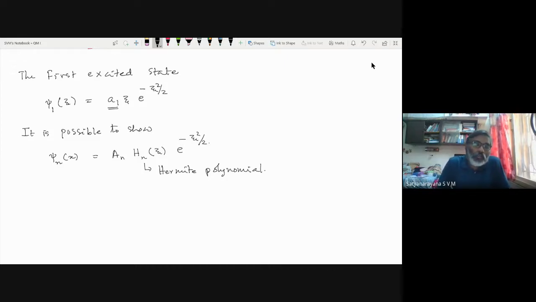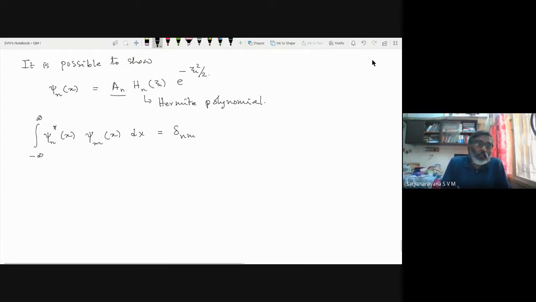So here we are going to define this inner product with respect to a weight function, e to the minus xi square, so that the integral of psi n star of x into psi m of x dx from minus infinity to infinity should be equal to delta nm. Of course, some normalization constant. I'm assuming that we have already put that normalization constant in this an, so these are orthonormal.